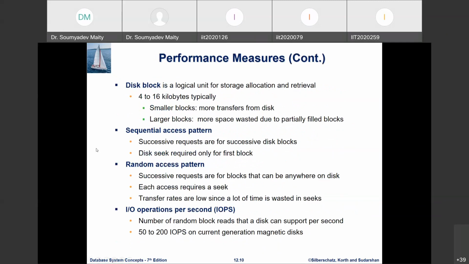Sequential access pattern and random access pattern, which I just explained: if you have a bad algorithm, then you can request blocks or sectors which are not consecutive. That is random access pattern.